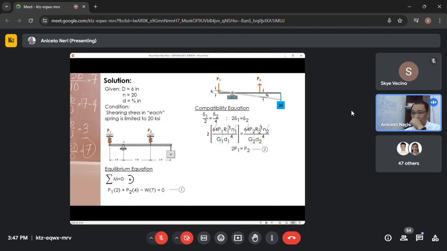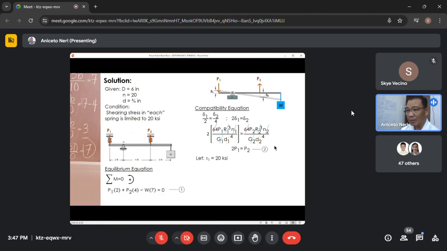Okay. The next is the given 20 KSI. So, as I have said, it cannot be simultaneous. So we'll start with the left spring. Okay? So assume the stress experienced here is 20. Let stress 1 equal 20.